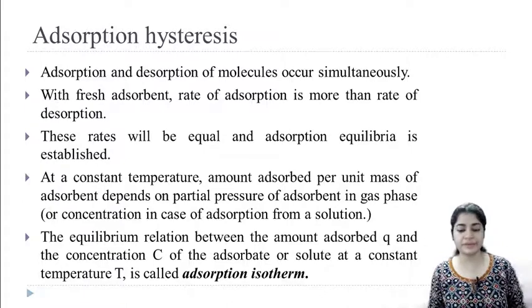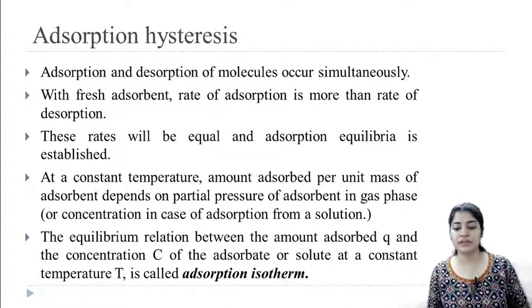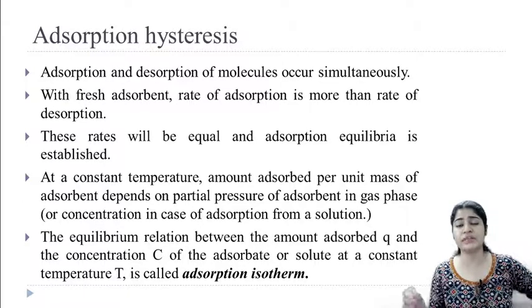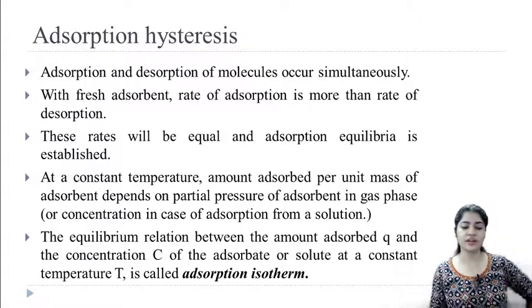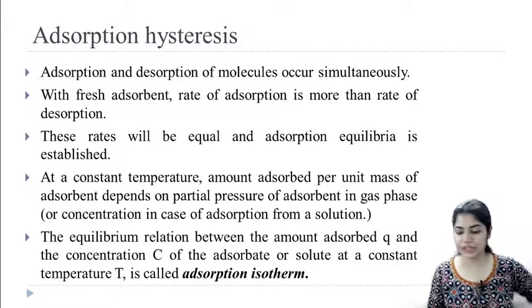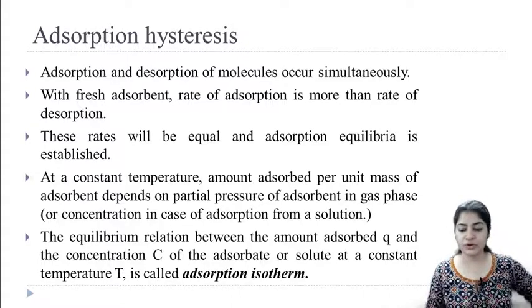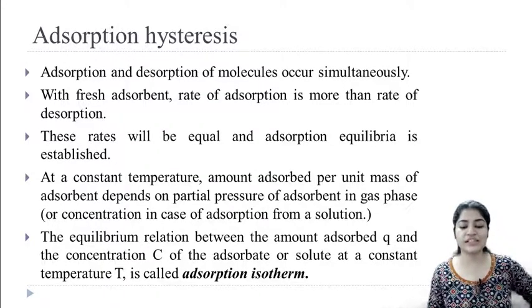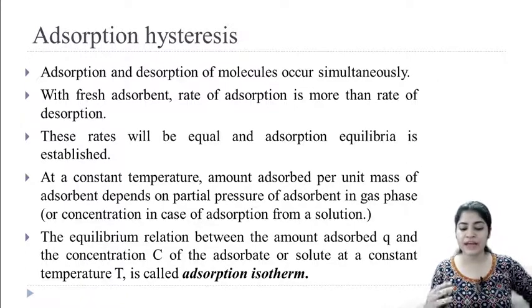Now, at constant temperature, the amount adsorbed per unit mass of adsorbent depends on the partial pressure of adsorbate in the gas phase, or on the concentration in case of adsorption from a solution. So it depends on what? Partial pressure. Now, the equilibrium relation between amount adsorbed, suppose I give it the notation Q, and the concentration C of adsorbate or solute at a constant temperature T, is your adsorption isotherm.